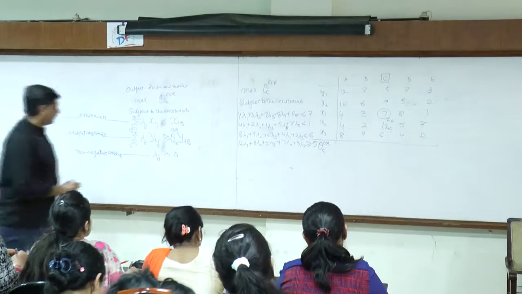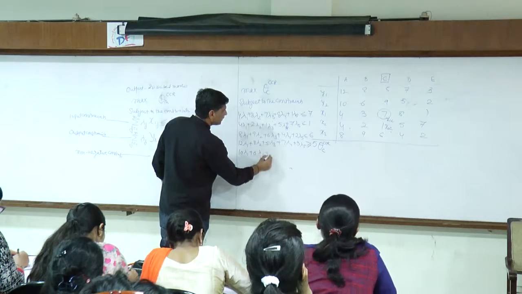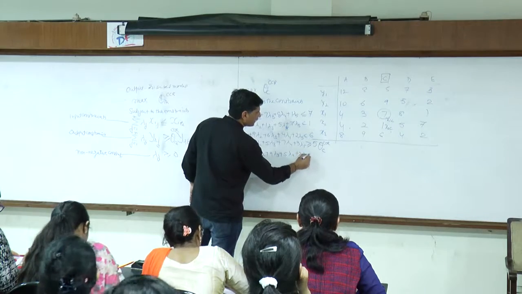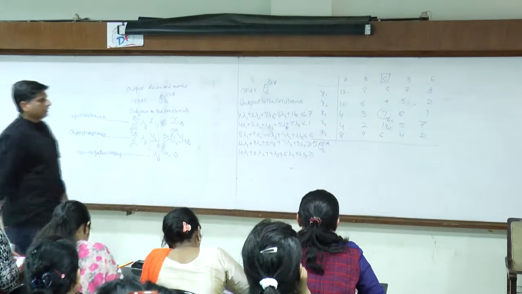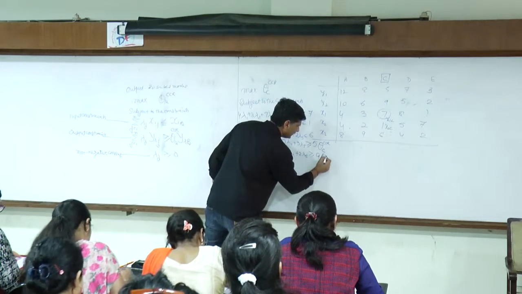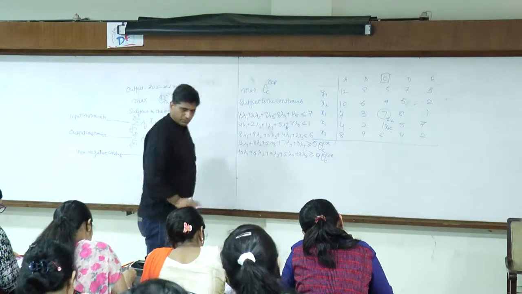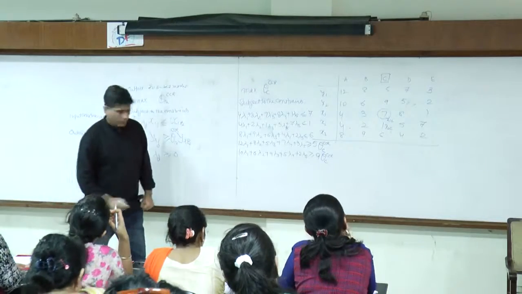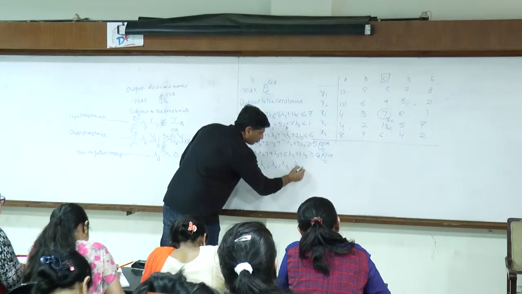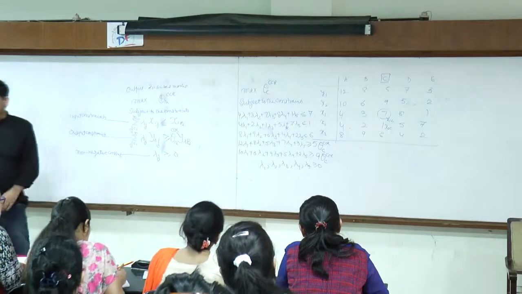Then 10 lambda 1 plus 6 lambda 2 plus 9 lambda 3 plus 5 lambda 4 plus 2 lambda 5 greater than or equal to 9 theta C CCR. Then all the lambdas are non-negative: lambda 1, lambda 2, lambda 3, lambda 4, lambda 5 greater than or equal to 0, because our condition is lambda greater than or equal to 0.